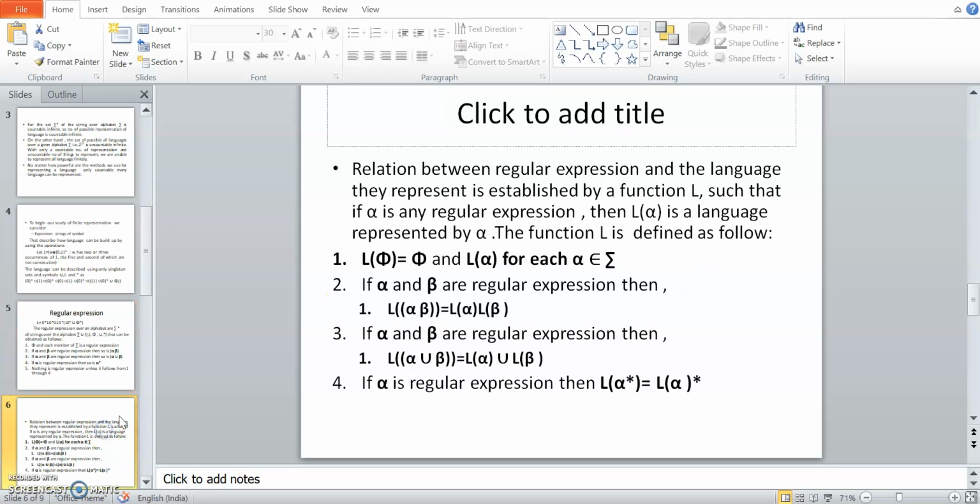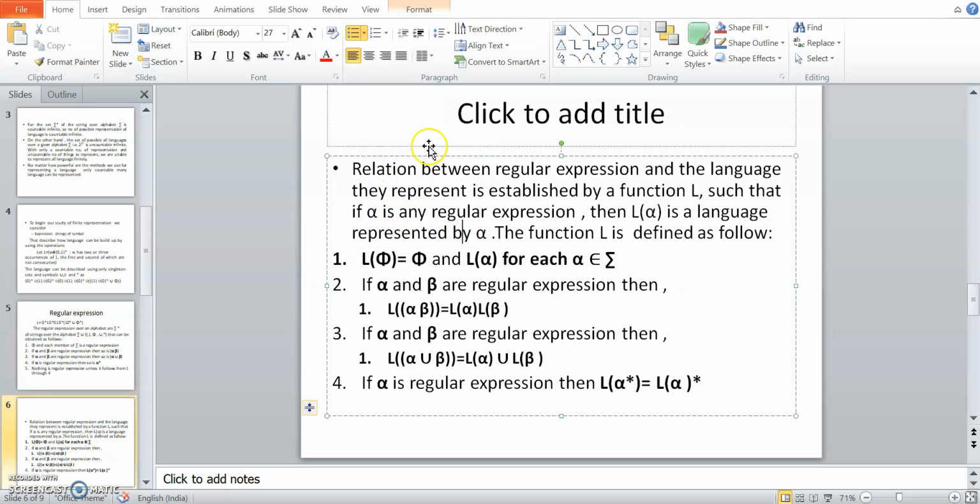Right? So let's see. The relation between the expression and the language they represent is established by a function L. Suppose alpha is a regular expression, then L of alpha is a language. Now what is the relation between the language and the regular expression? Why are we talking about regular expressions and languages? Yes, of course there is a relation.